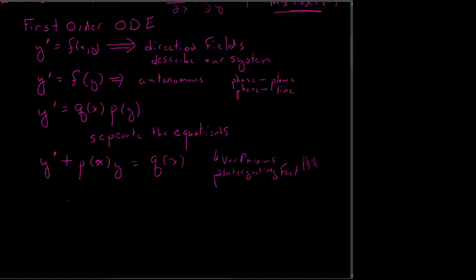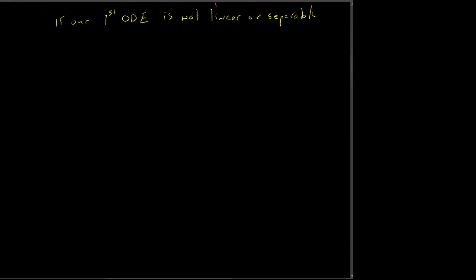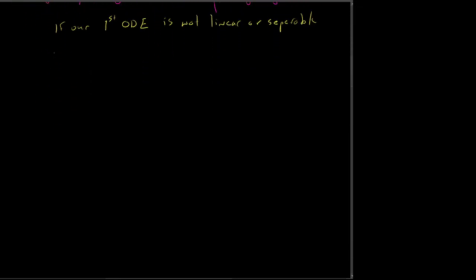And so what we want to do is the first thing that we can do is if our first order ODE is not linear or separable, what we can do is we can do a test to see if it is an exact equation.